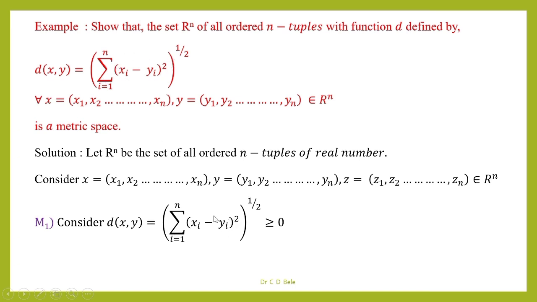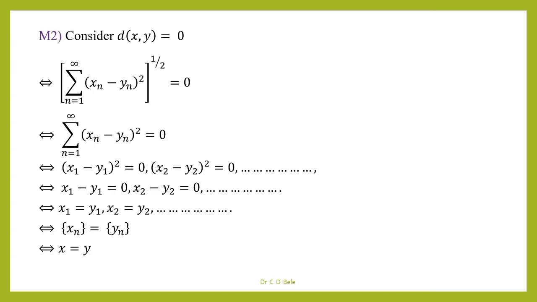Now here this square value is always positive and we take the summation of these square values, so it must be positive, and the square root of a positive is again positive, so the whole term is positive. This is nothing but d of x, y, and therefore it must be greater than or equal to 0, and therefore it satisfies non-negativity. Now next, consider d of x, y is equal to 0.